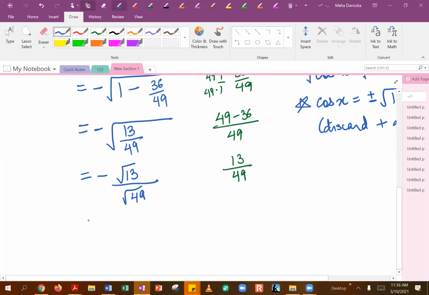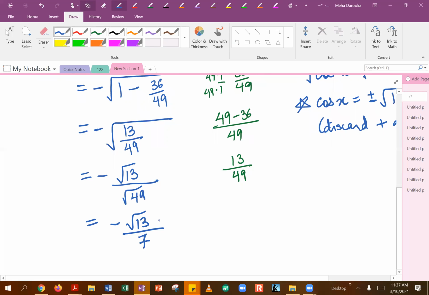So, of course, that will end up giving us negative. Square root of 13 cannot be simplified, so leave it as it is. Square root of 49 will end up becoming 7. And as long as that radical is not on the denominator, we are good to go.